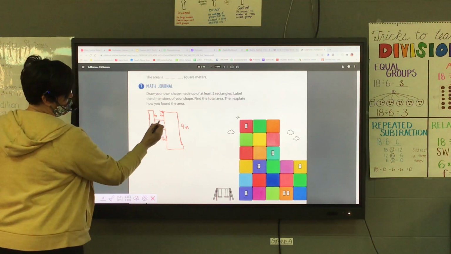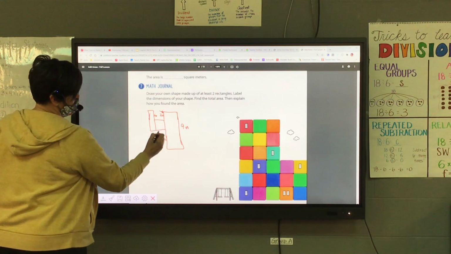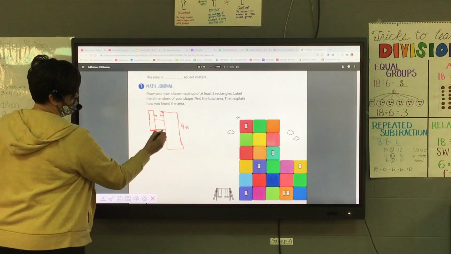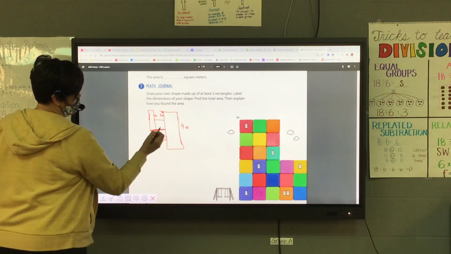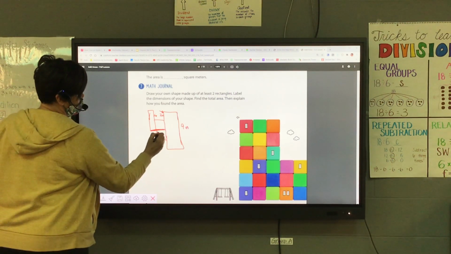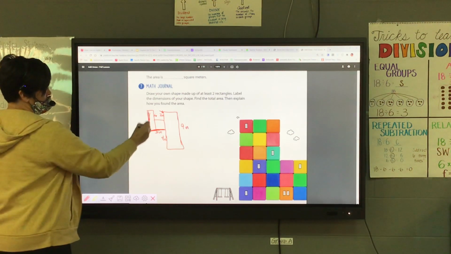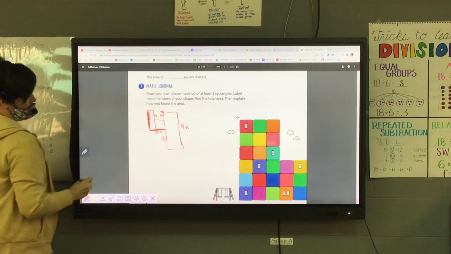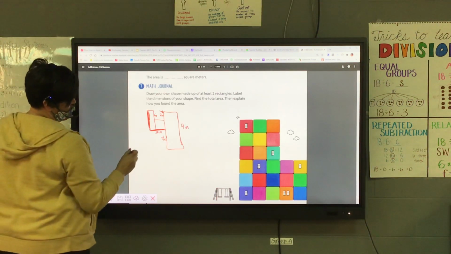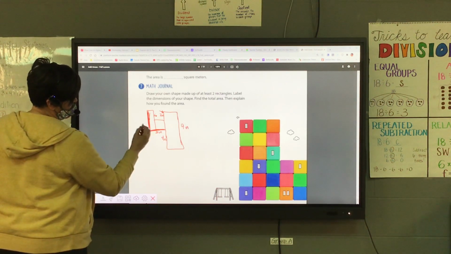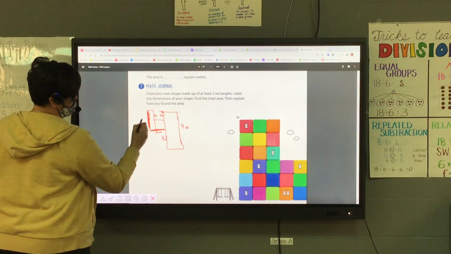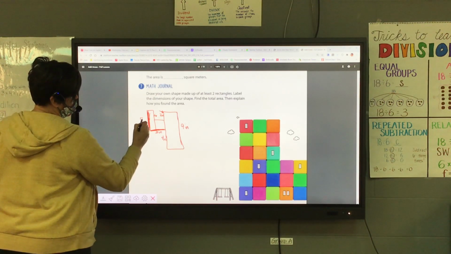I'm going to say this whole line right here, that's 3 inches. And this whole line right here, I will say is 5 inches.